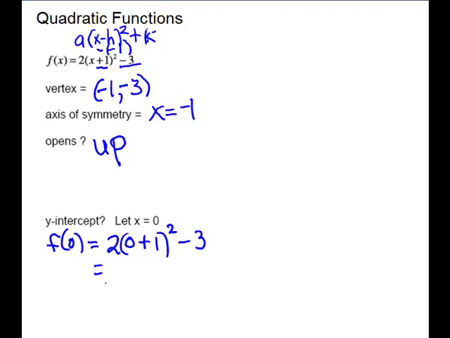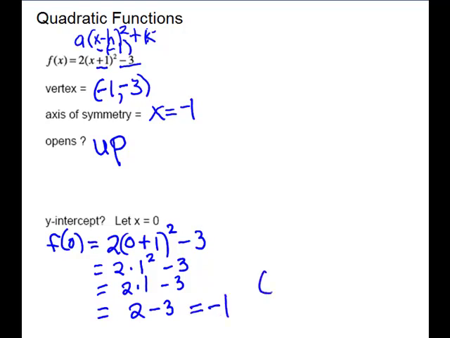Remember to go with order of operations. 0 plus 1 is 1. And then we'll have to do the exponent. 1 squared is 1. 2 times 1 is 2 minus 3. This gives us negative 1. So 0, negative 1 if they ask for an ordered pair.